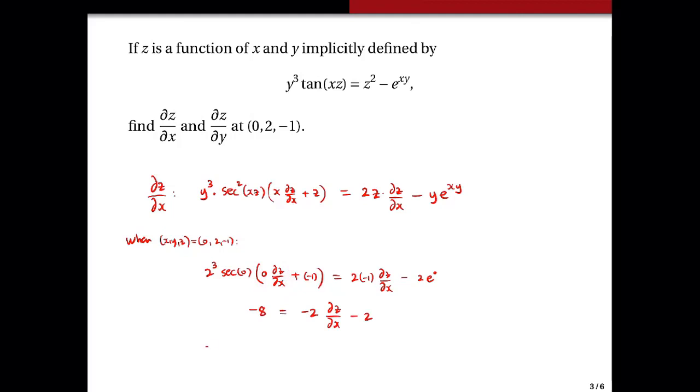So this implies that we have -2 partial z with respect to x. This is equal to -8 plus 2. This is -6. This means that partial z with respect to x, this is equal to 3. Okay? Easy.